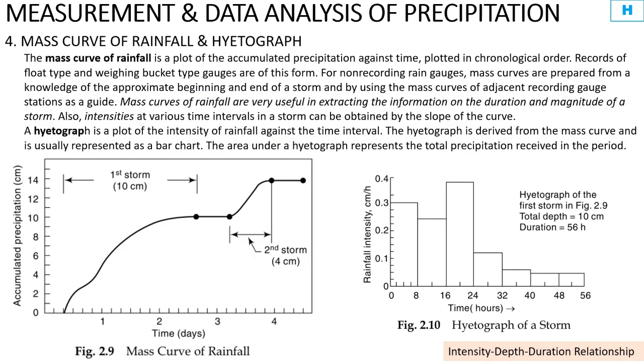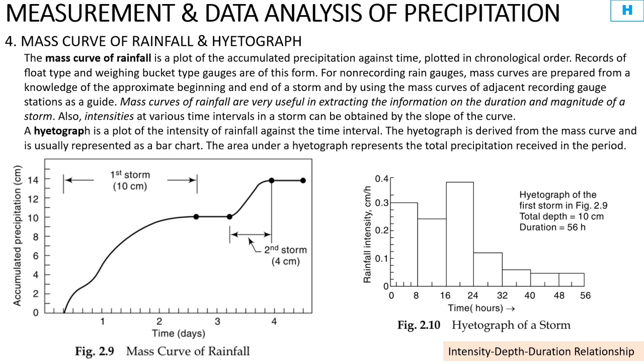So next, mass curve of rainfall or hyetograph. So mass curve of rainfall is a plot of the accumulated precipitation against time. So kung makikita nyo, this is the days, day 1, day 2, day 3. So arrange chronological versus yung accumulated precipitation.